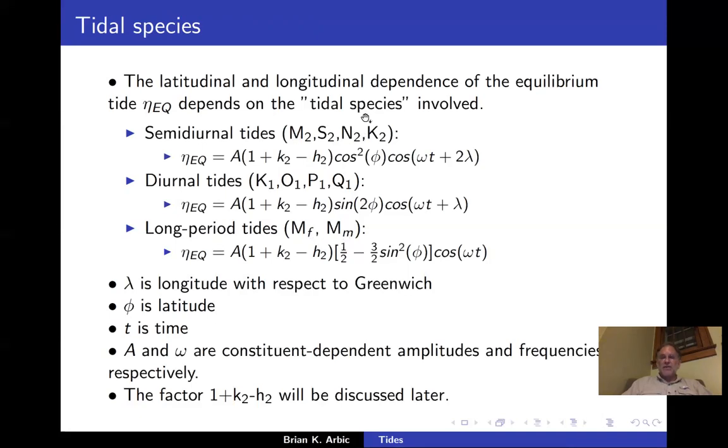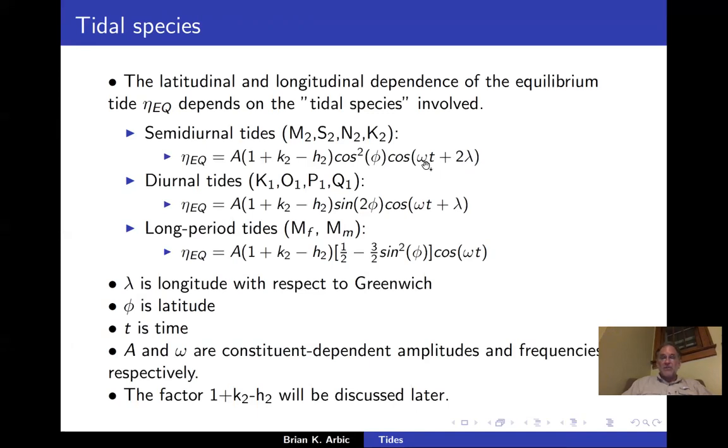The latitude and longitudinal dependence of the equilibrium tide, for which we use the symbol eta equilibrium, depends on the tidal species involved. For semi-diurnal tides, eta equilibrium is an amplitude A times (1 plus K2 minus H2), which will be discussed later, times cosine squared of phi, where phi is the latitude, times cosine of (omega t plus twice lambda).